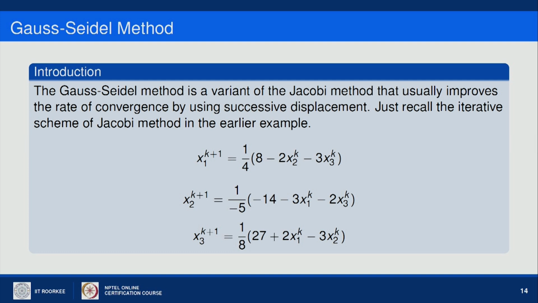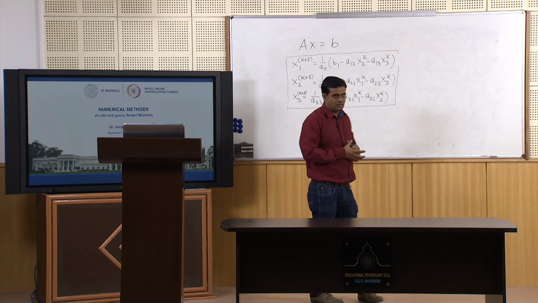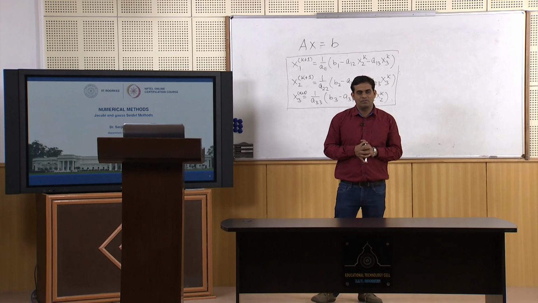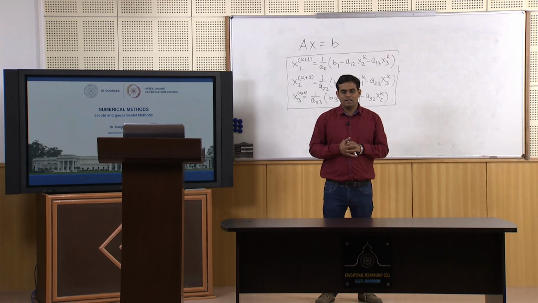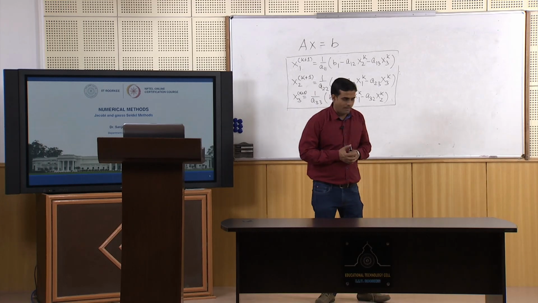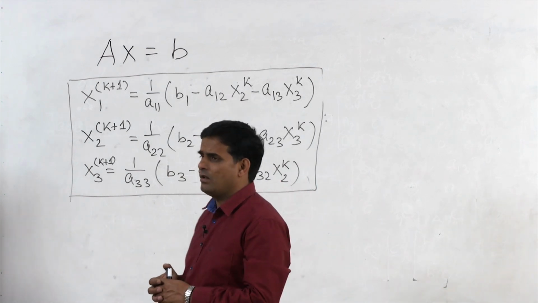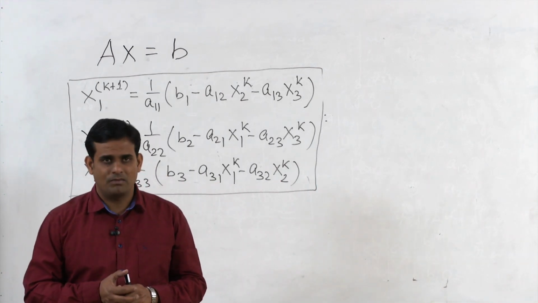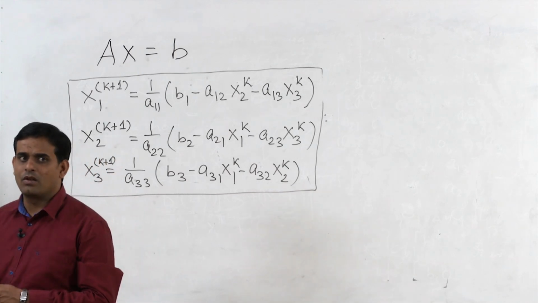Now, as I told you, we have taken 46 iterations to solve a 3 by 3 system just by starting with an initial solution 0, 0, 0. Hence, I can comment on the convergence of the Jacobi method, and I can say it has a slow convergence.